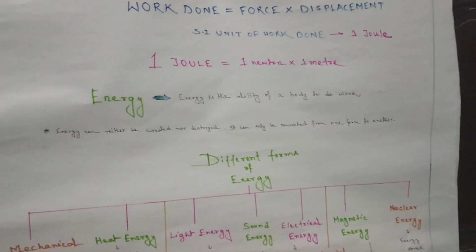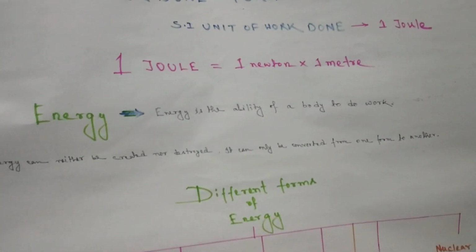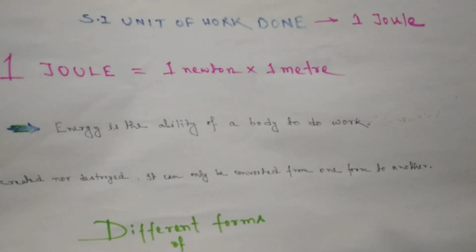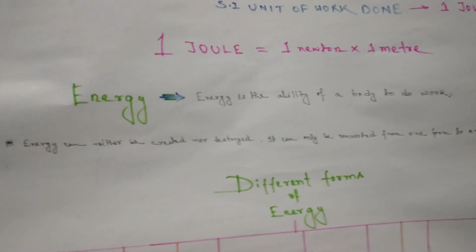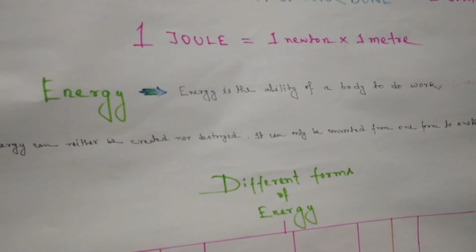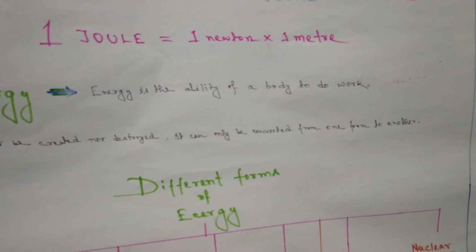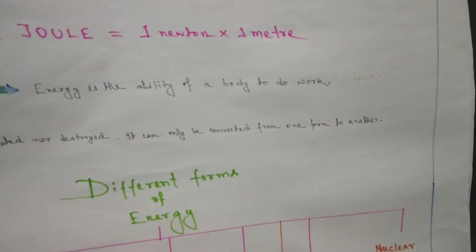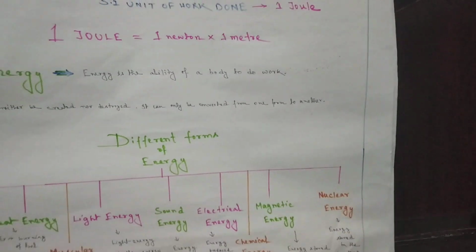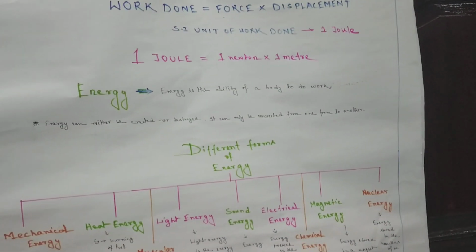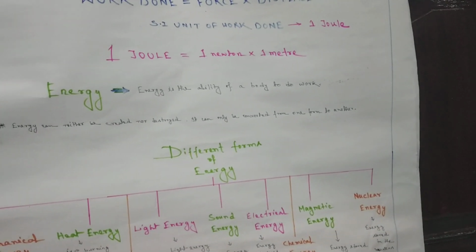So what is the definition of energy? Energy is the ability of a body to do work. Energy can neither be created nor be destroyed. It can only be converted from one form to another. So energy is the ability of a body to do work, or energy is the reason behind any work.